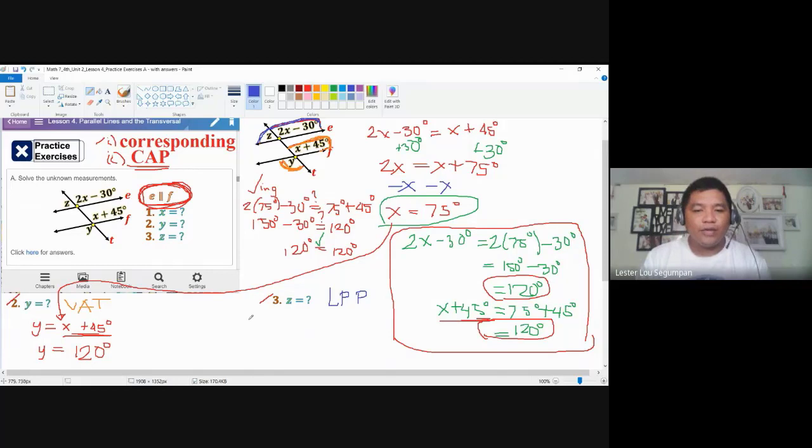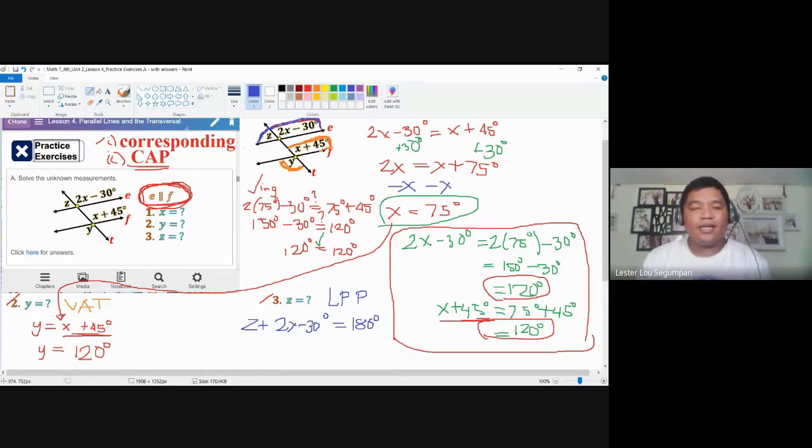So z plus 2x minus 30 degrees must be equal to 180 degrees. They are a linear pair because if they are combined, they form the side of line E, which is a straight angle, so 180 degrees.